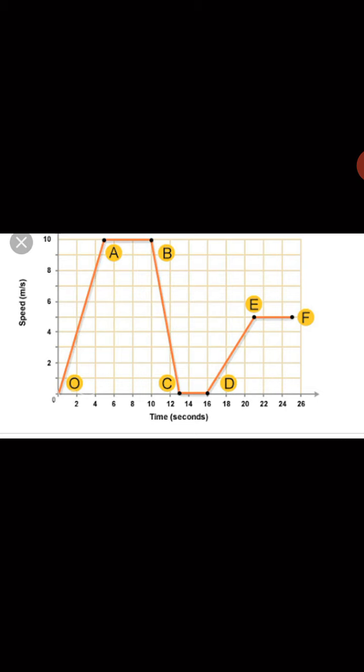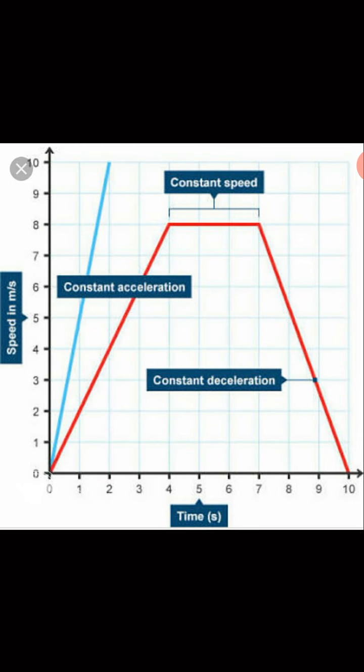And finally, from point E to F, the line becomes again a straight line. So the body is moving at a constant speed. So this is how interpretation of a speed time graph is done.